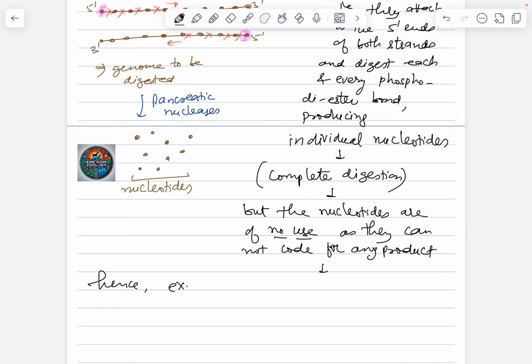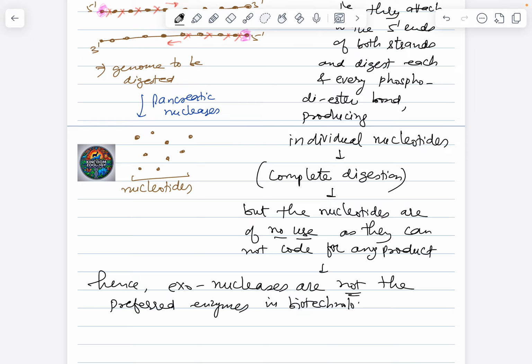Hence, exonucleases are not the preferred enzymes in biotechnology. Forget preferred, they are not used actually, because we are not going to get any gene, and without a gene what will we do in biotechnology? Nothing. So they are not the preferred enzymes in biotechnology.